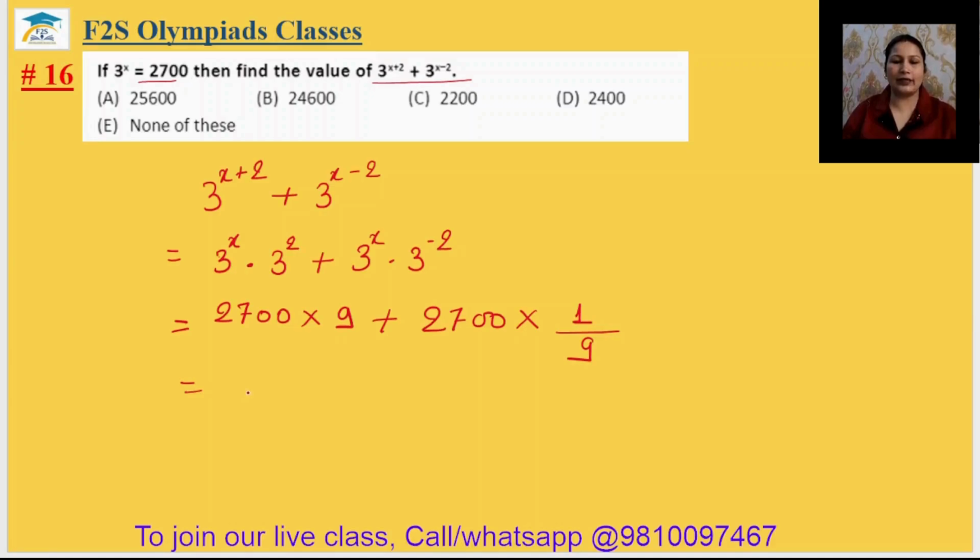So 2700 multiplied by 9 is 24,300, plus 9 3s are 9, 9 ones are 9, 9 3s are 300. So the answer is 24,600. That is in option B. So the 16th answer is option B.